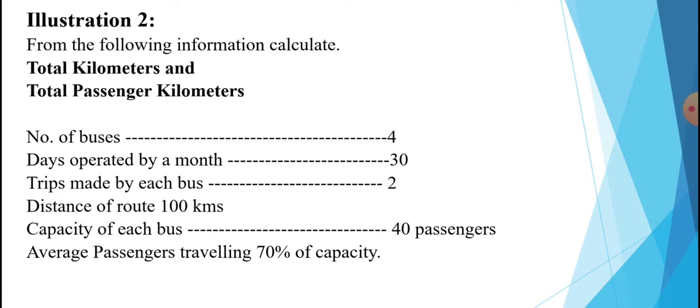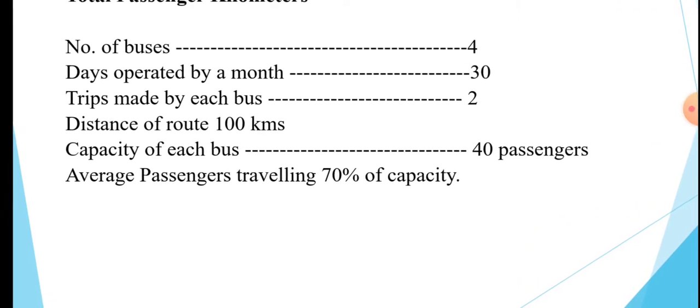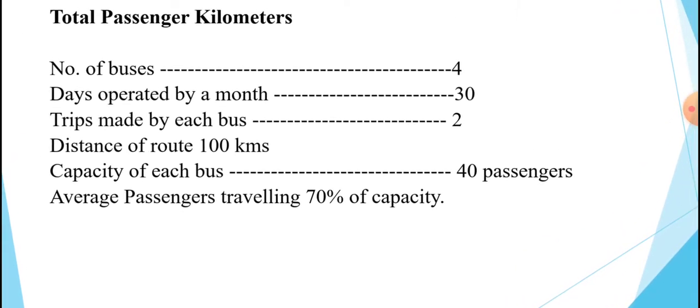For total passenger kilometers we need the number of vehicles, number of trips, distance covered, number of days run, and the capacity utilized. See here, the number of buses is 4. The distance of the route is 100 kilometers, so the total distance for to and fro is 100 kilometers.